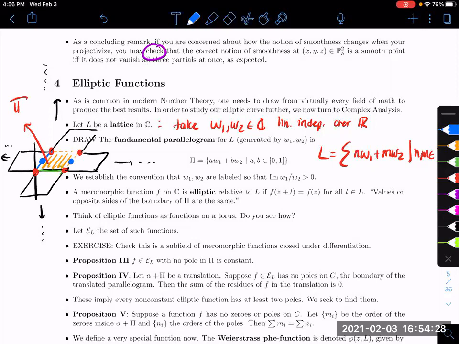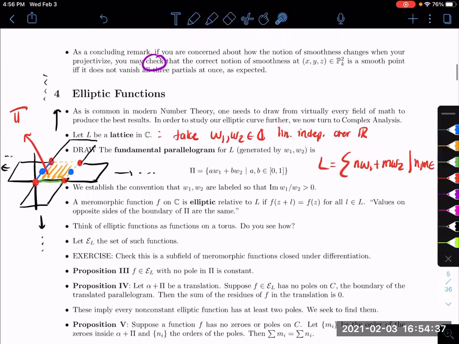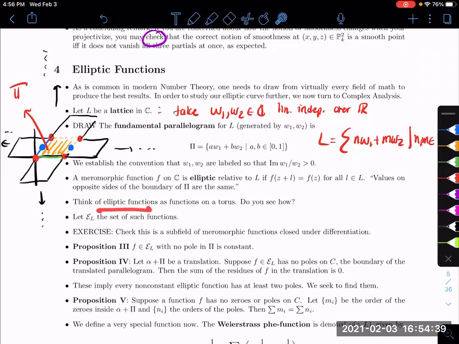Another way of thinking about elliptic functions, and maybe I'll leave you with it. I'll get through this exercise here and then I'll take questions. You should think of elliptic functions as just functions on a torus. And do you see why this is? Yes, you do, because I can take a parallelogram and make a torus out of it just by identifying pairs of opposite sides like this.